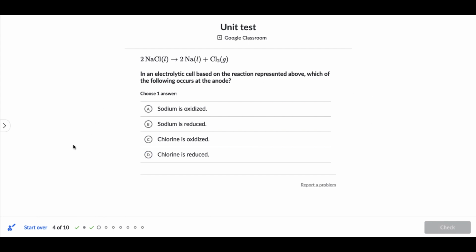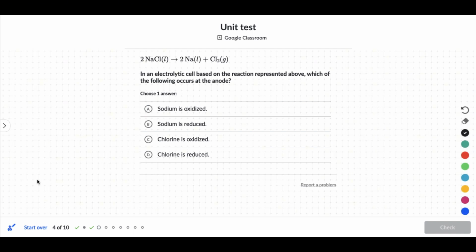In an electrolytic cell based on the reaction represented above, which of the following occurs at the anode? So we need to remember the rules, OIL RIG and RED CAT. So at the anode, oxidation occurs. So what is oxidation?